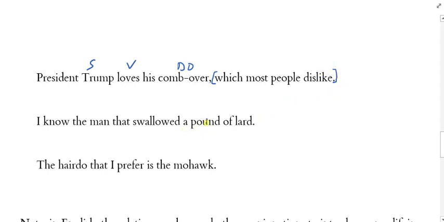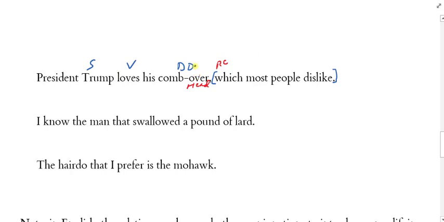What is the head of the relative clause? Okay, the comb-over. That's sort of ironic, right? The comb-over is the head. At least it sits on the head, doesn't it? Okay, so the comb-over is the head, and which most people dislike is my relative clause. Great. Now, what are we saying about the comb-over? Most people dislike it, right?